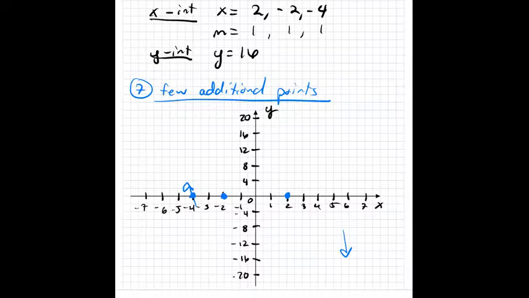We still have this notion of falls to the right, rises to the left. We got a y-intercept of 16 that we can plot, so that's going to be about here. And then a few additional points. We want to find a few additional points between and beyond our x-intercepts. So what I'm going to do, here to my y equals.